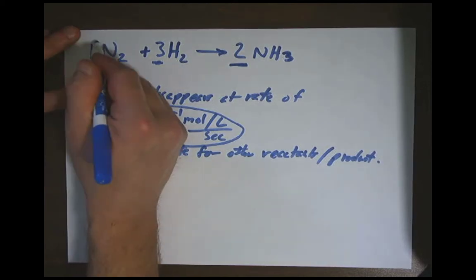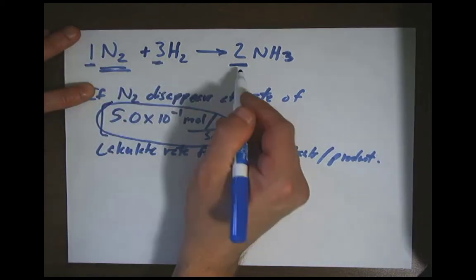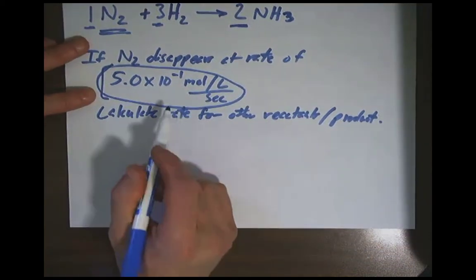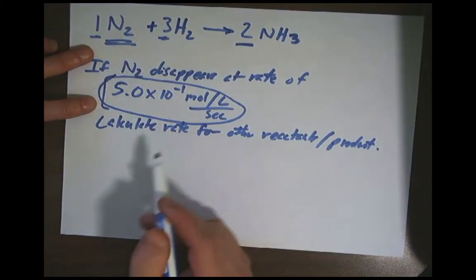So we need to keep those stoichiometric ratios in mind when thinking about the rates of change of these different compounds.